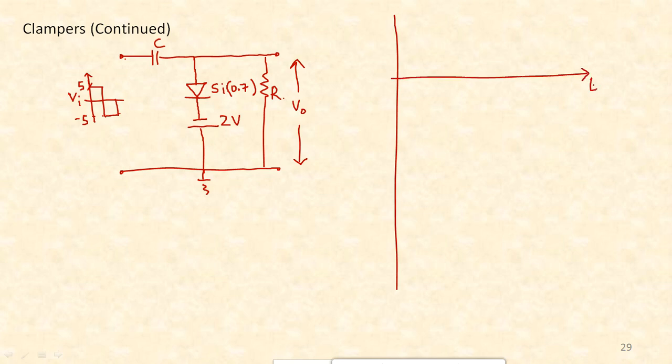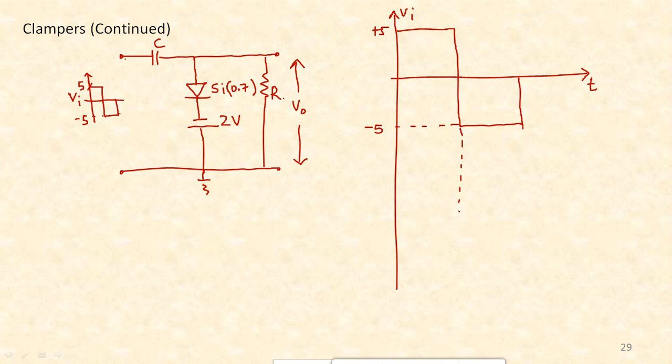Let me draw the input waveform, which is a square pulse, Vi. Vi is a square pulse varying with respect to time, plus phi and minus phi.